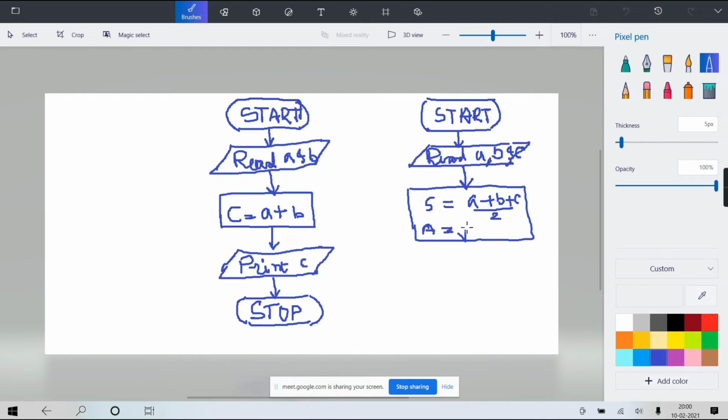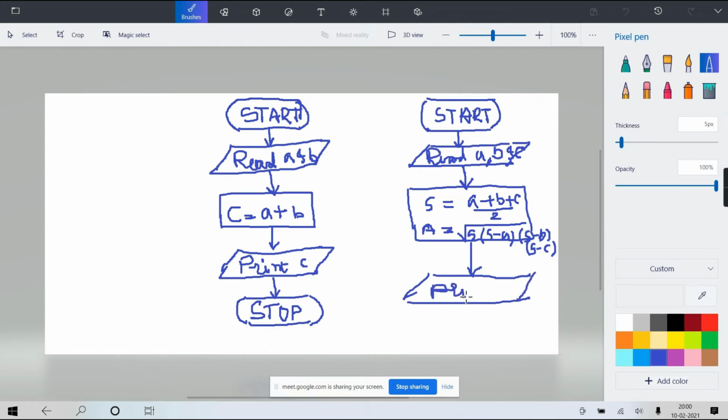which is under root of S into S minus A, into S minus B into S minus C. Now you understand it, it's going out, but it is not a good practice. It should be prescribed in that box only. And then comes printing that area.